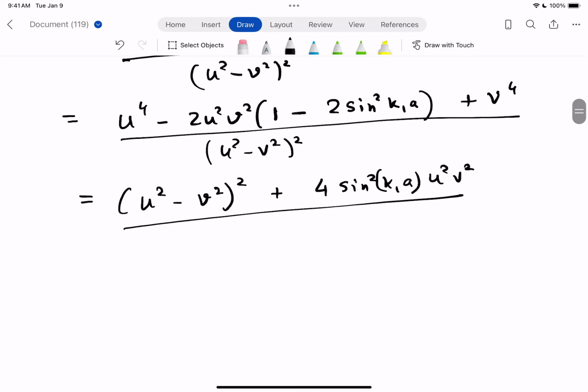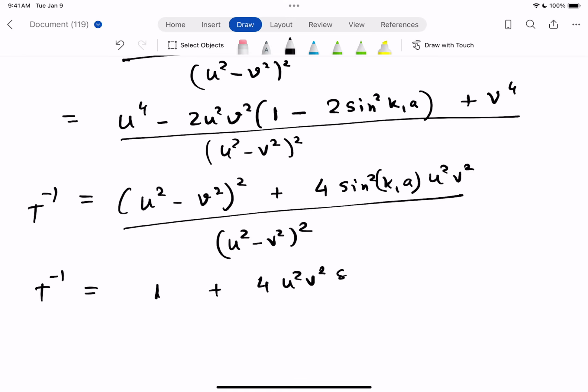This whole thing divided by u square minus v square whole squared. That is the inverse of the transmission coefficient. So the inverse of the transmission coefficient is 1 plus 4 u square v square sine square k1a divided by u square minus v square squared.